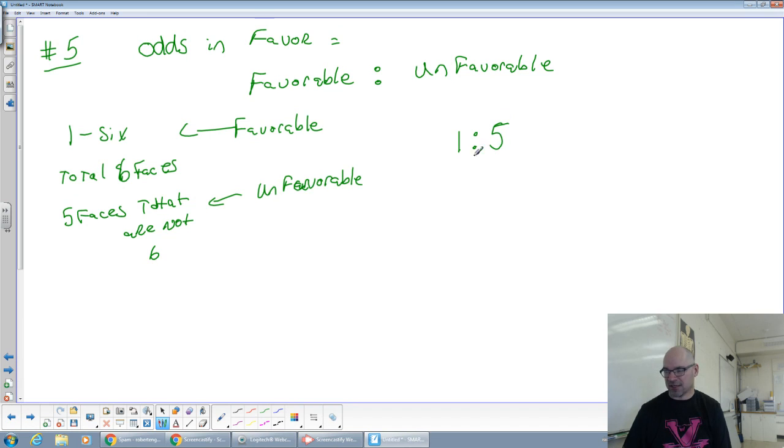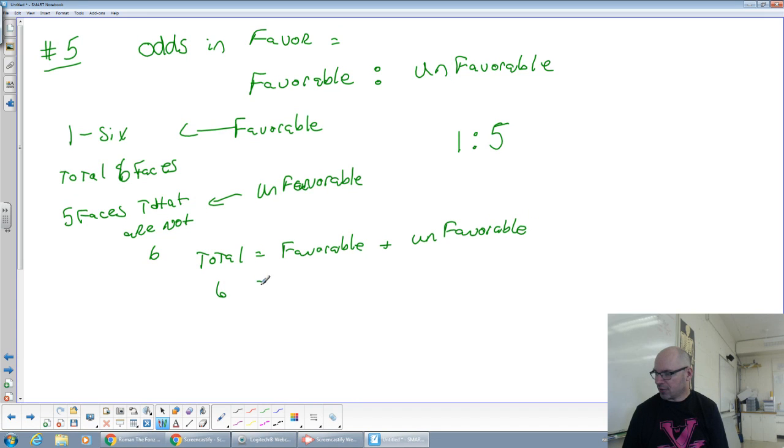Not the 6, that's probability. Okay, remember that the total equals favorable plus unfavorable outcomes. So in this case, 6 equals 1 plus 5, but we have to write it as favorable to unfavorable.